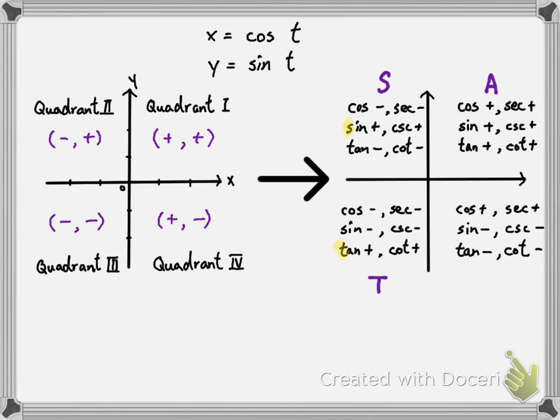In the fourth quadrant, cosine and its reciprocal function are positive. Now, what we see is All Students Take Calculus, or you can also call it the CAST system, C-A-S-T.